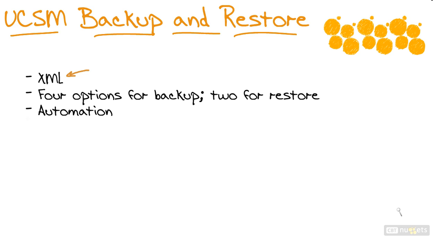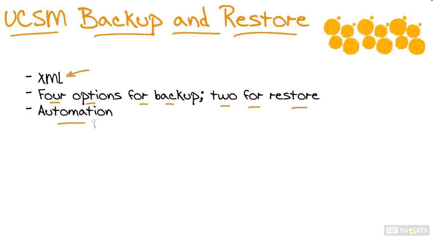Now, I want to warn you up front, there's going to be 4 options for backup that you're going to need to master with me today, and there's going to be 2 options for restore that you're going to need to master. Okay, so again, flashcards, watching this video twice, do whatever you need to do to make sure you're armed and prepared in your certification environment.